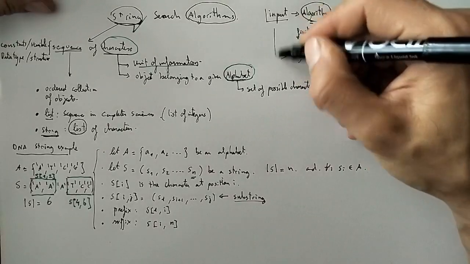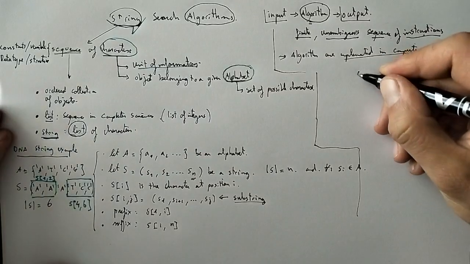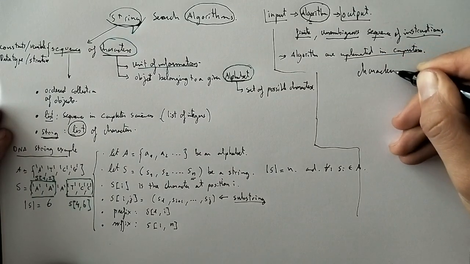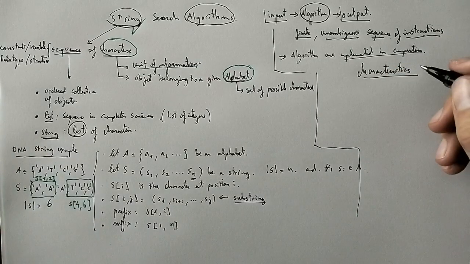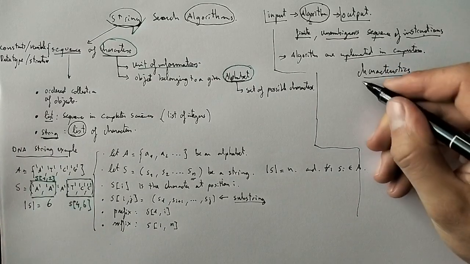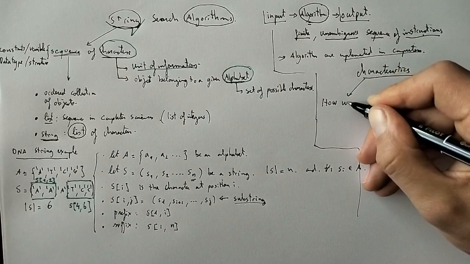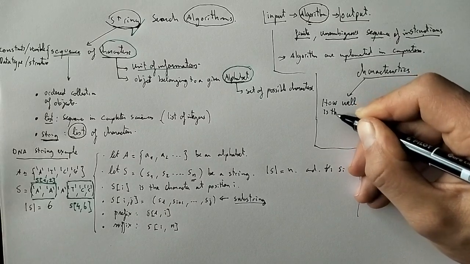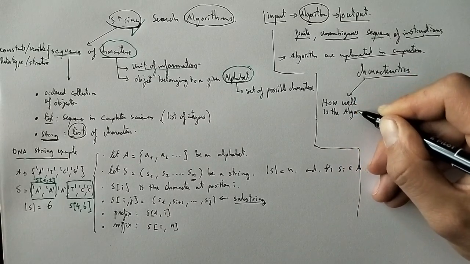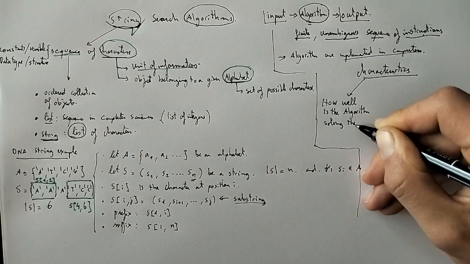There are different ways to characterize an algorithm. So, characteristics of an algorithm. First, we want to know how well the algorithm is solving the task.